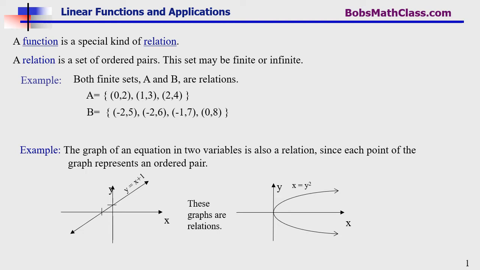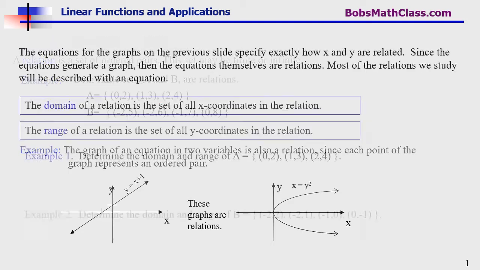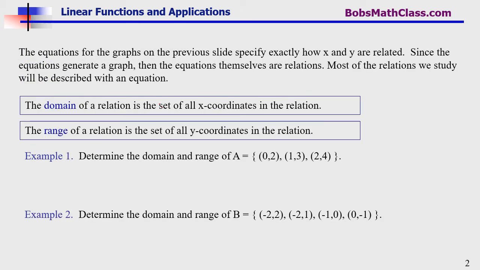The graph on the right is called a parabola. It kind of opens sideways. That also has infinitely many points. Right? So those points make up the graph, and they're called relations. Okay, so those equations on the previous slide specify how x and y are related.